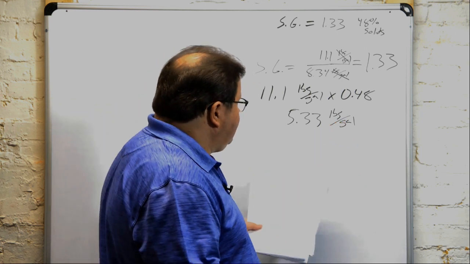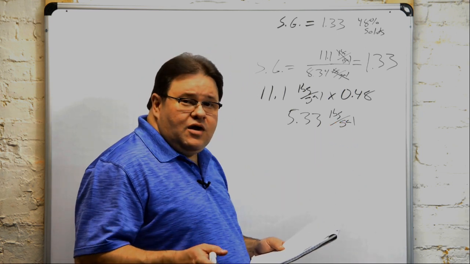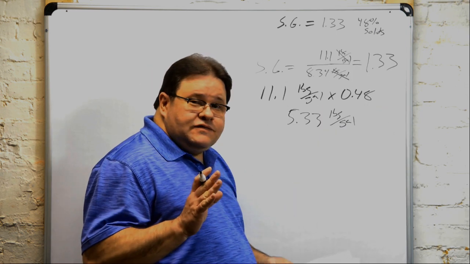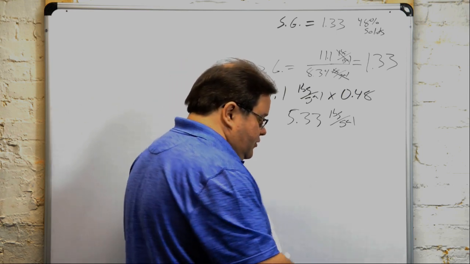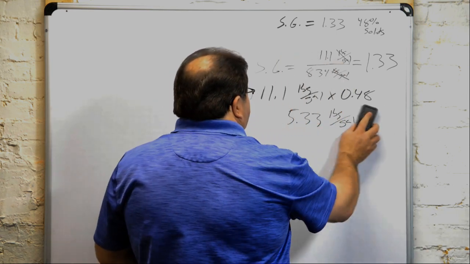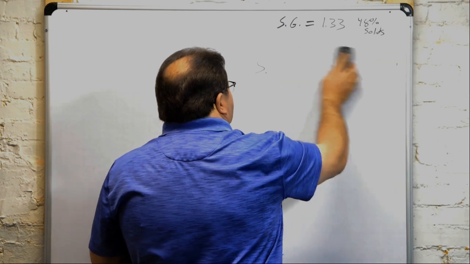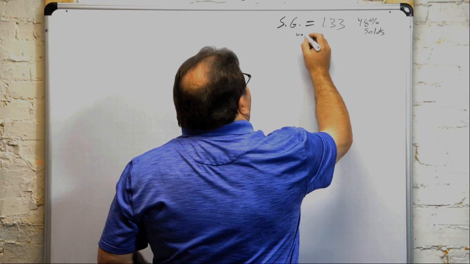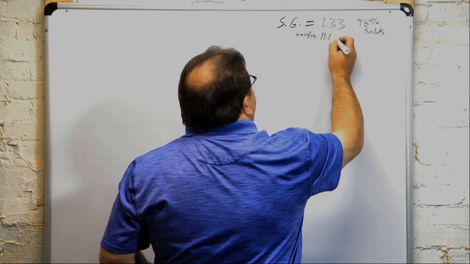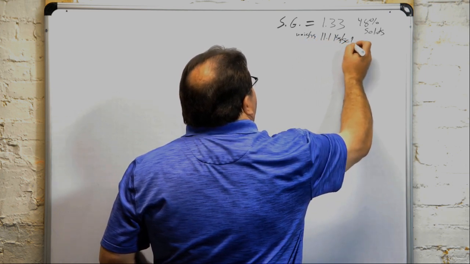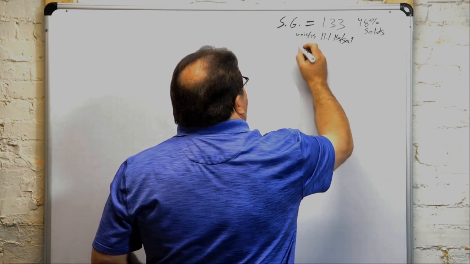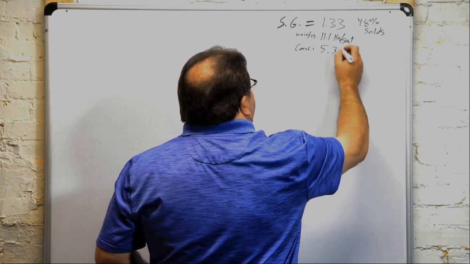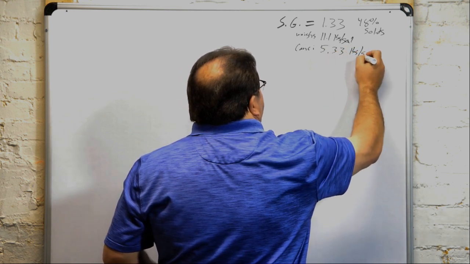What we're going to have to do before we can figure out how to make our stock solution from our bulk solution is convert that to metric, to milligrams per liter. So we said it weighs 11.1 pounds per gallon, and the concentration was 5.33 pounds per gallon.